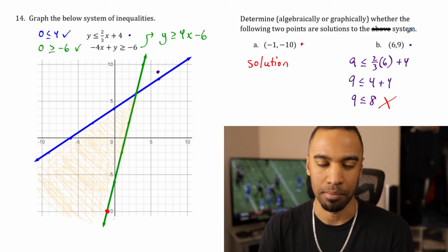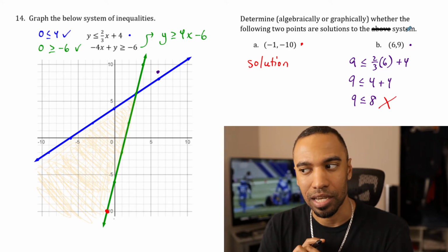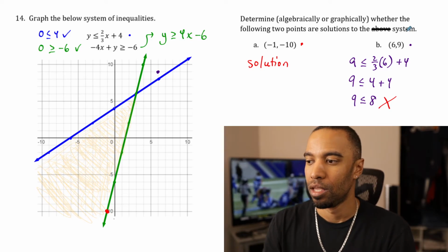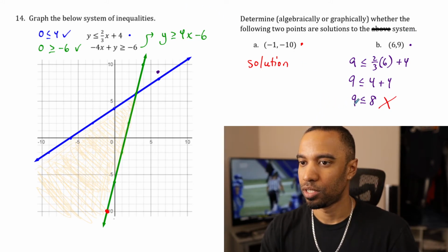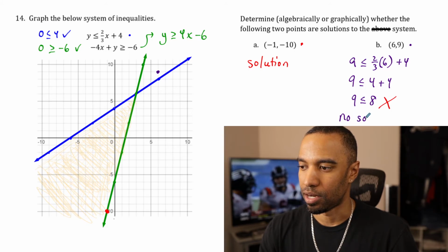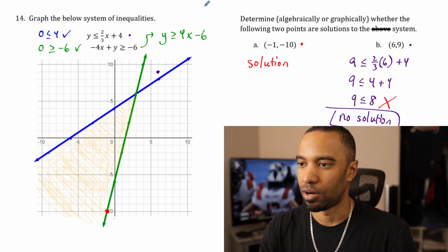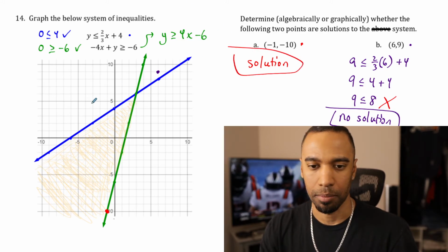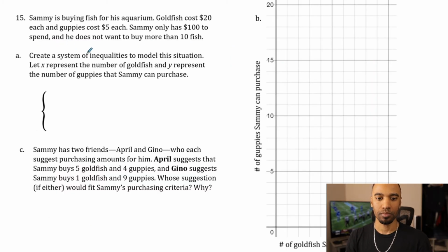And the system dictates to us that, no, that doesn't quite work for what we want here. So, no solution. We already knew that. But no solution for this point right here. Once one fails, the system fails. All right? I think I'm a little big for this page, and I think the next page requires that I move again as well. All right, so that's it for that one.